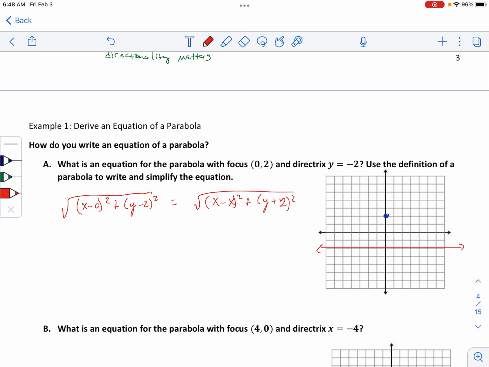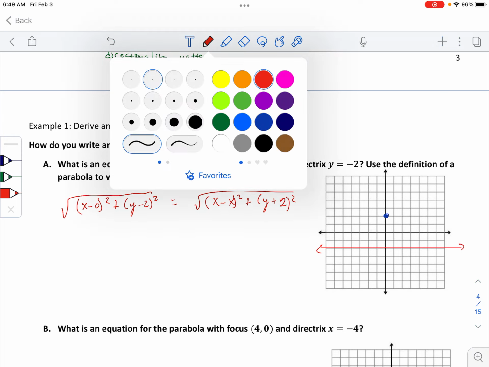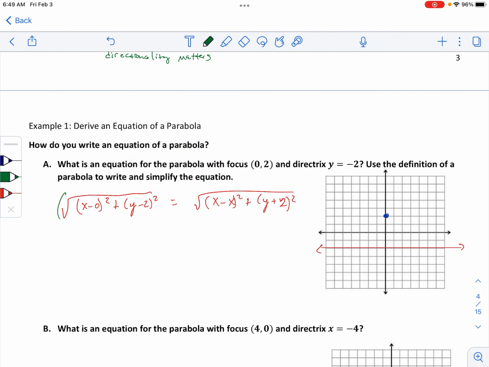And obviously the square root is over the whole quantity. So now because both sides are under a square root, you can square both sides, and that just gets rid of our square roots.